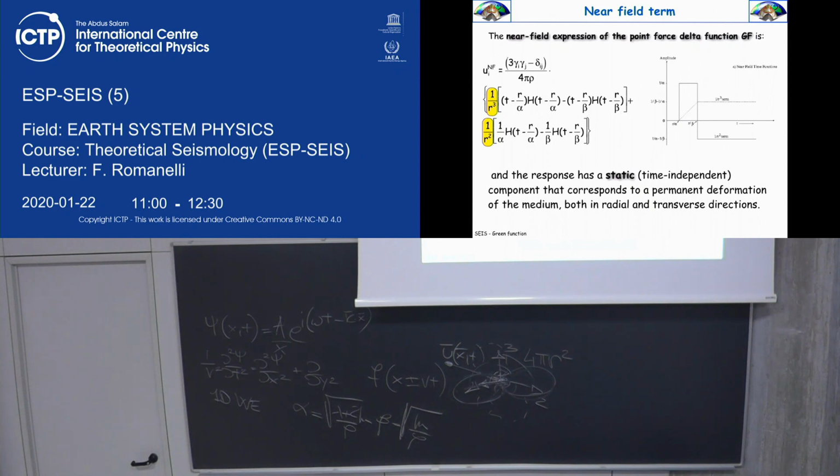Again, I'm not going to ask you the algebra, but I will ask you the physical message that we have here. Now, if you write out these Heaviside functions, that are step functions, the function is 0 until a given time, then a step. H stands for Heaviside function.